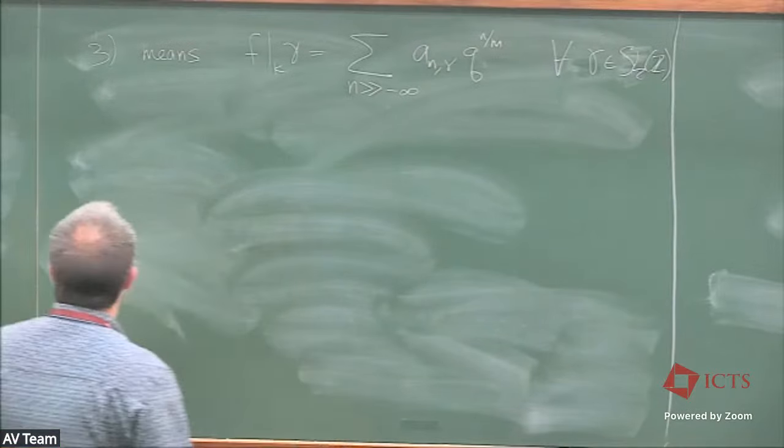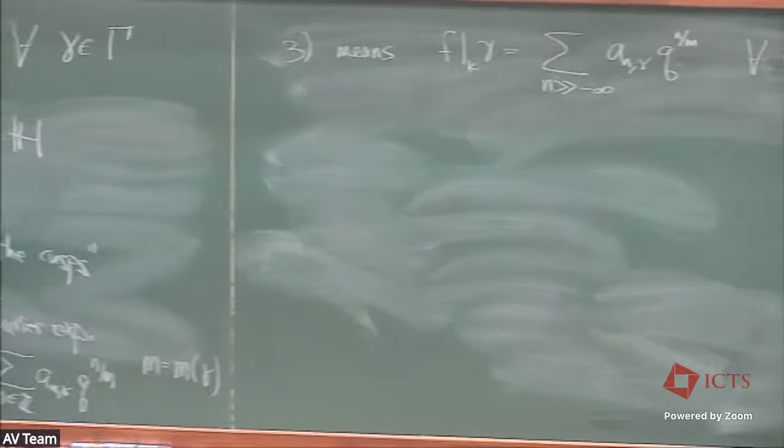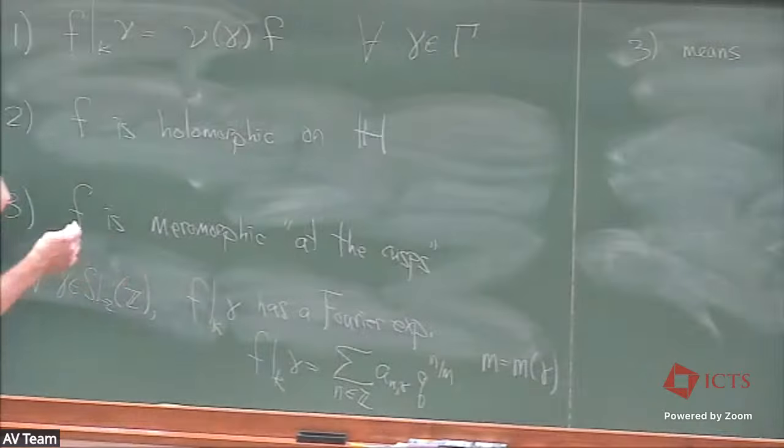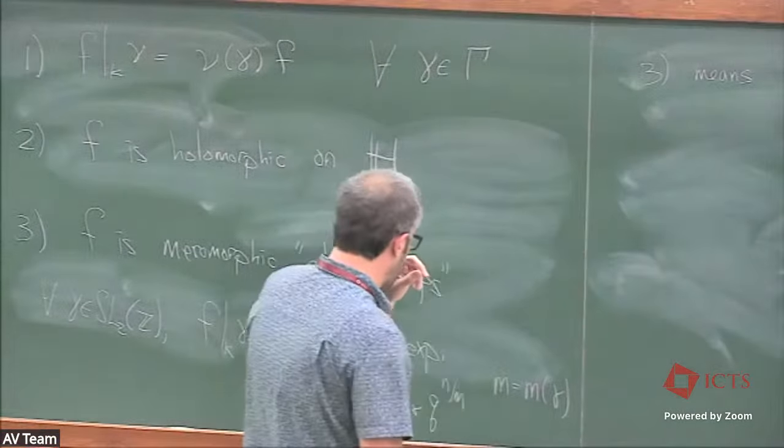This little m could change depending on what gamma we put in. It's going to be the width of the cusp or something, so that will depend on gamma.